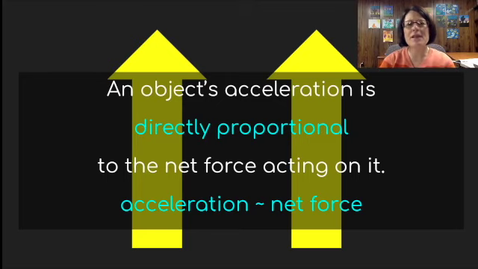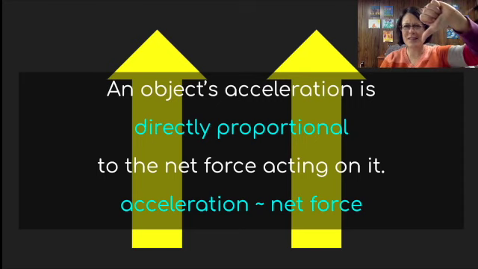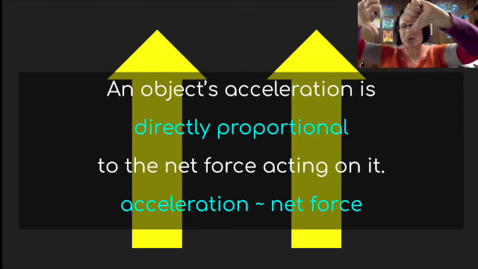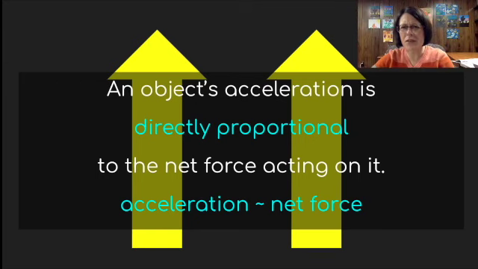That means that if the acceleration goes up, the force goes up. If the acceleration is lower, the force is also lower. So it works the other way around as well. If one number is big, the other number is going to be big.